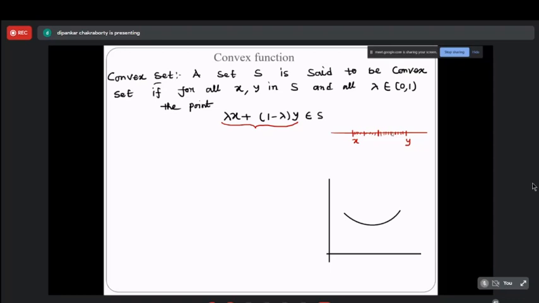Is it okay? That means if two points are there and I want to represent a line joining them, I can always represent it by lambda x plus 1 minus lambda y, because it will cover each and every point between x and y.